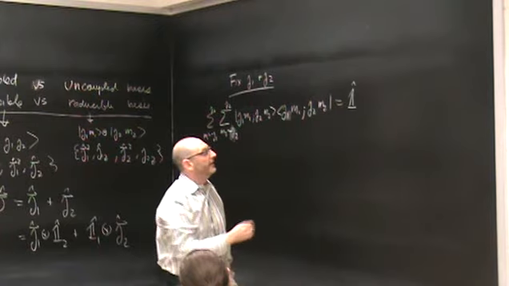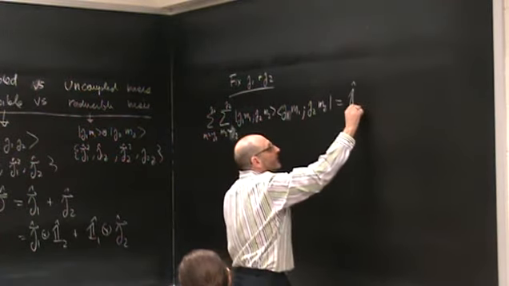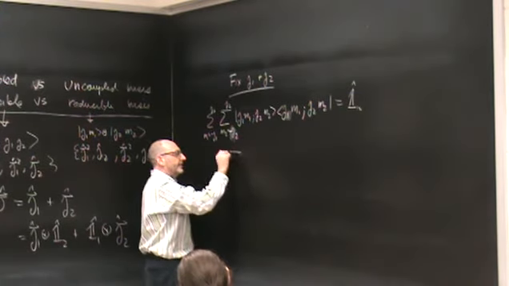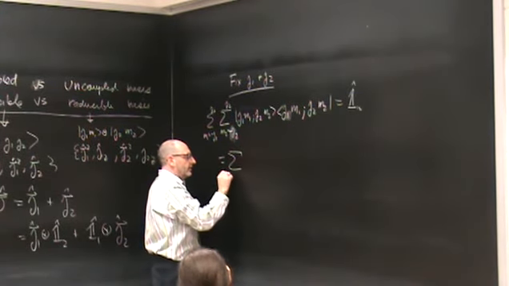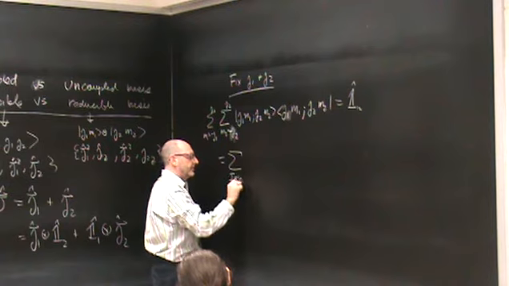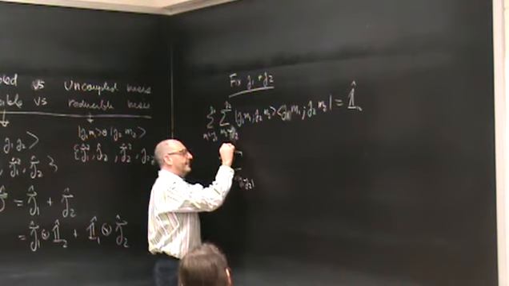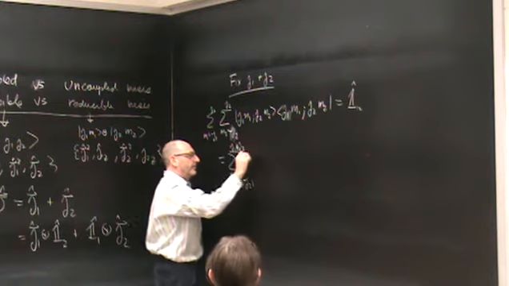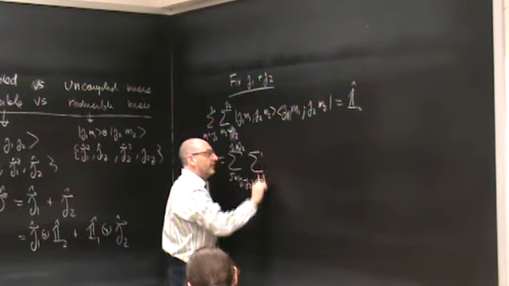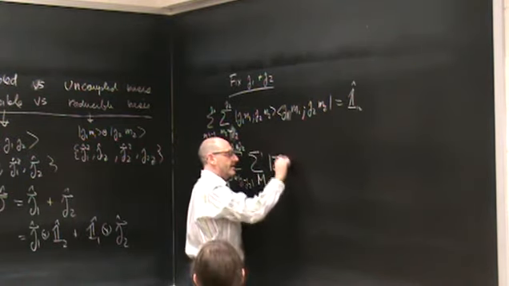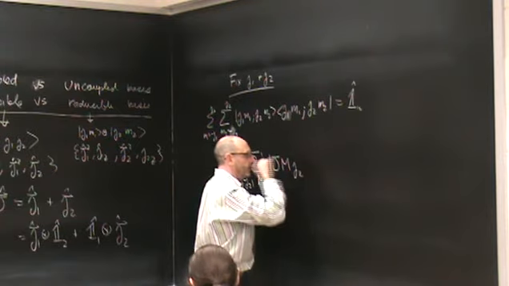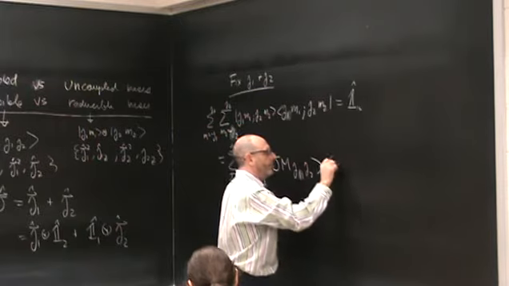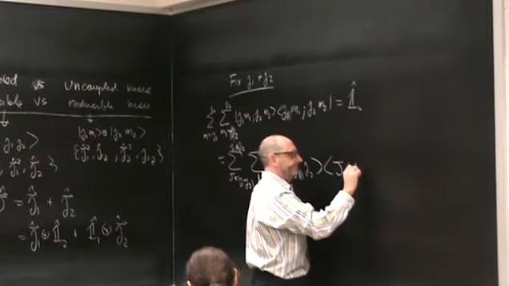But the coupled basis is also a good basis. And so I can sum over all values of J and M, and that's a good complete set. It also sums to the identity.